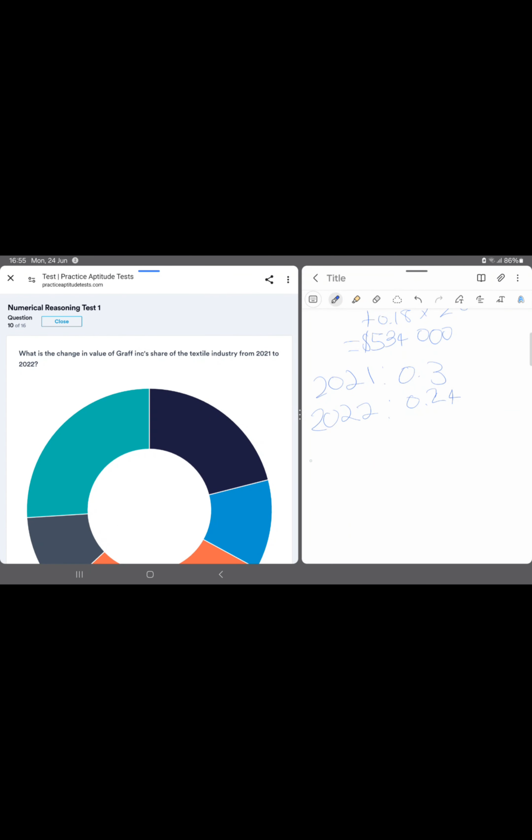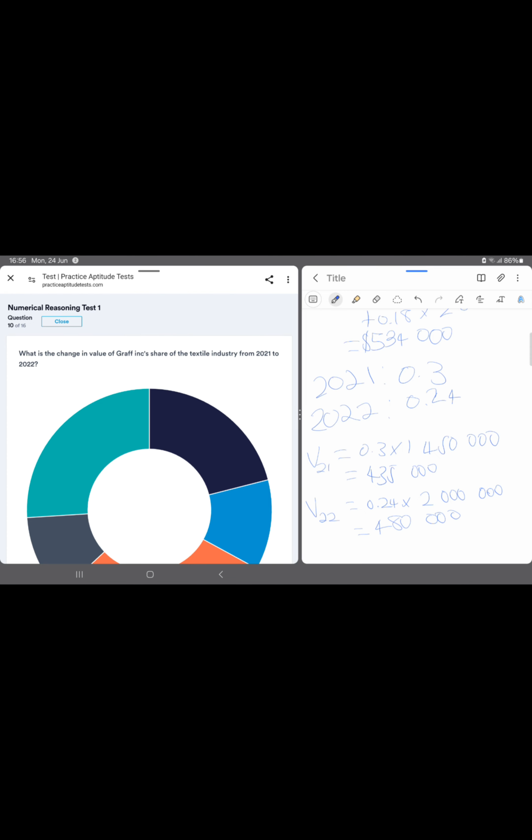So the value for 2021, I'll represent it by V21, is 0.3 times 1.45 million, which gives us 435,000. Then the value for 2022 will be 0.24 times 2 million, which gives us 480,000.